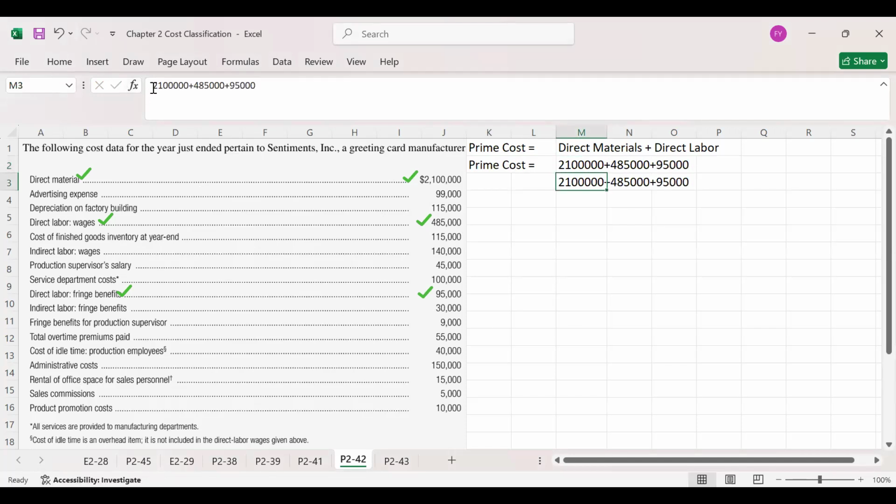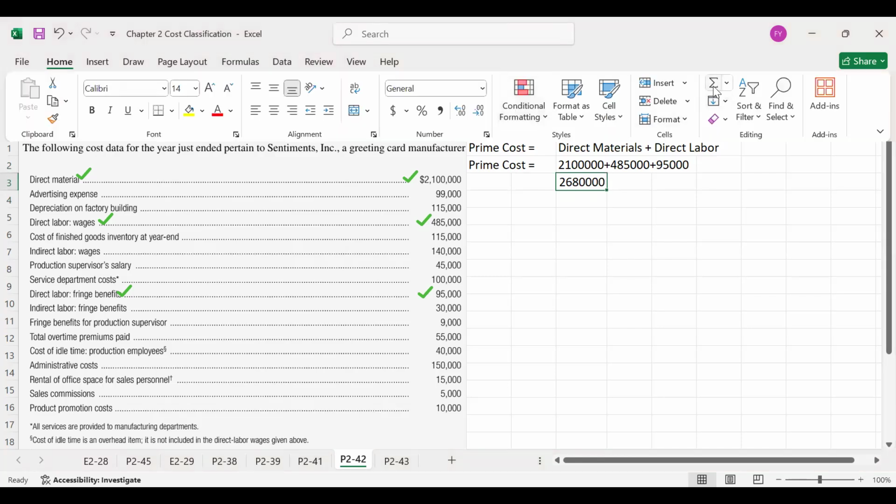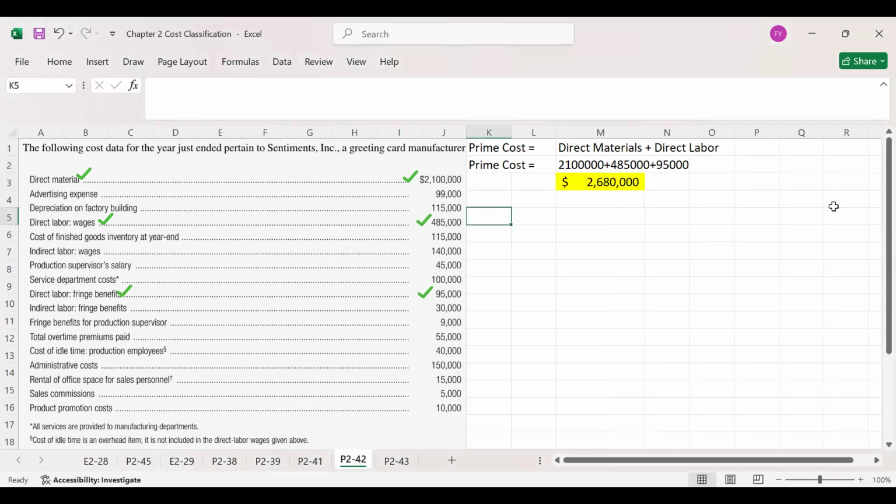So the total prime cost would be 2.68 million. Present it in the dollar amount. Here we have dollar. So this is your prime cost, requirement number one.